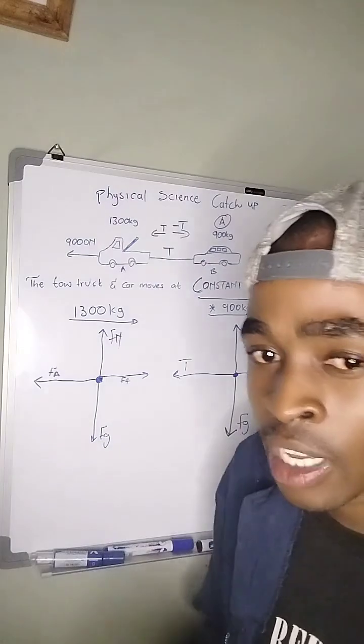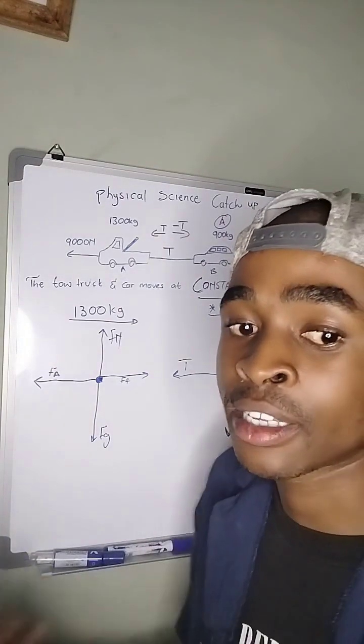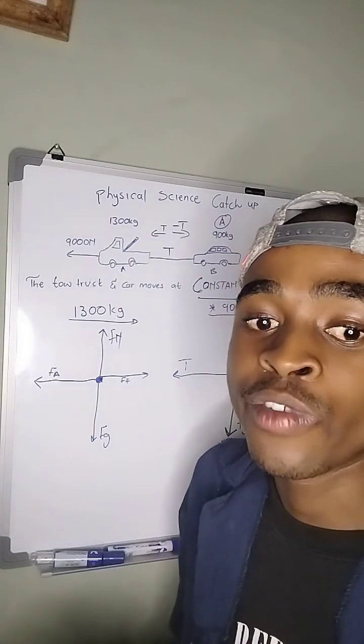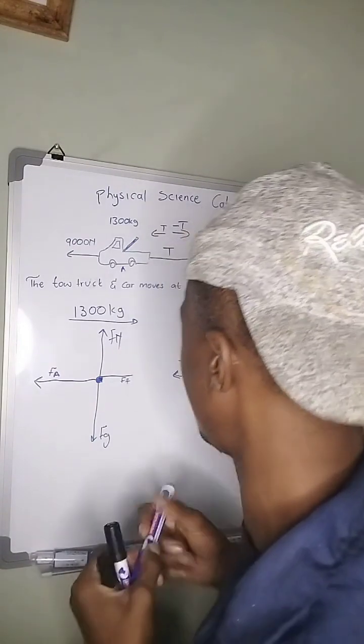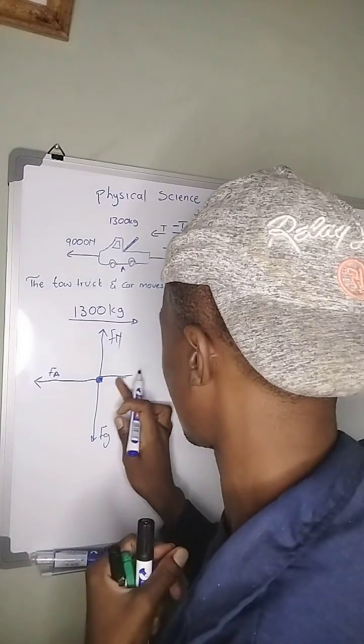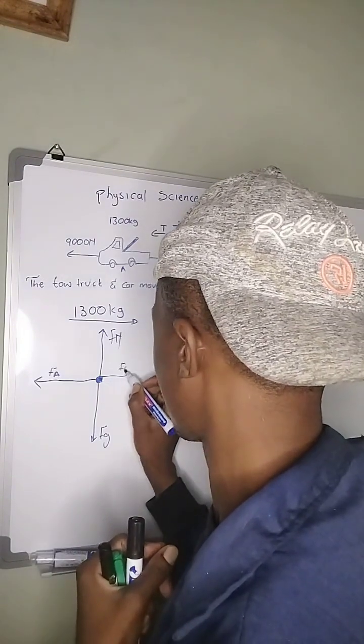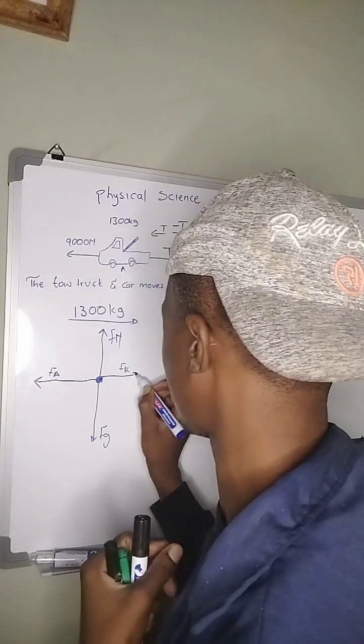Obviously, how many forces do we have which act as a resistive force? Okay, obviously it's going to be tension, right? Let me just do this to be a little bit short. It's going to be Fk because it's moving.